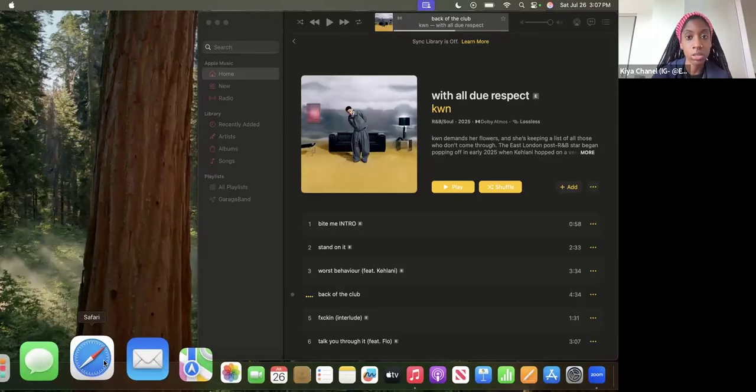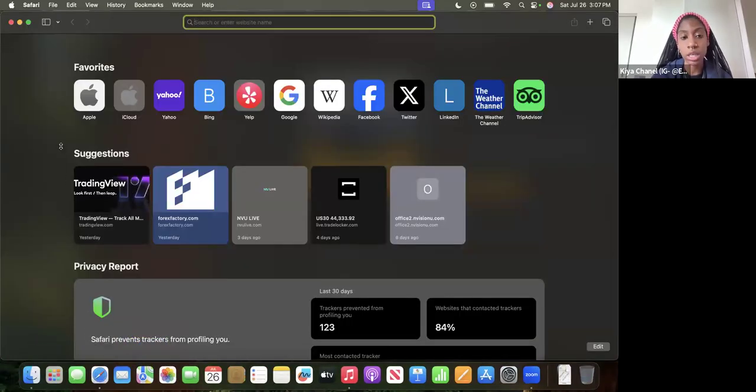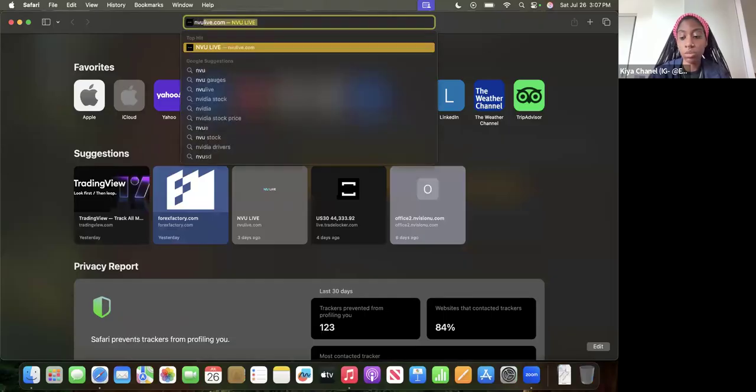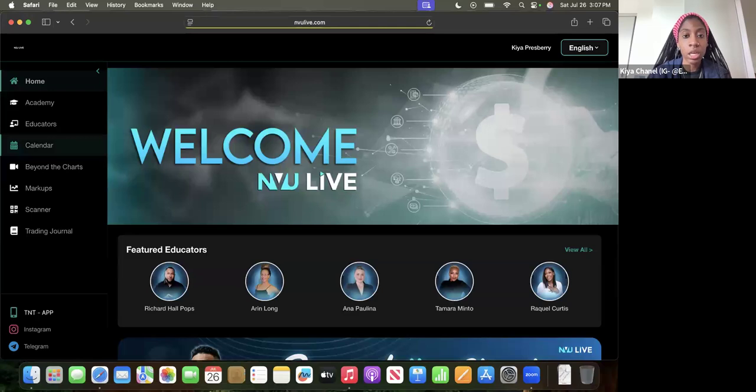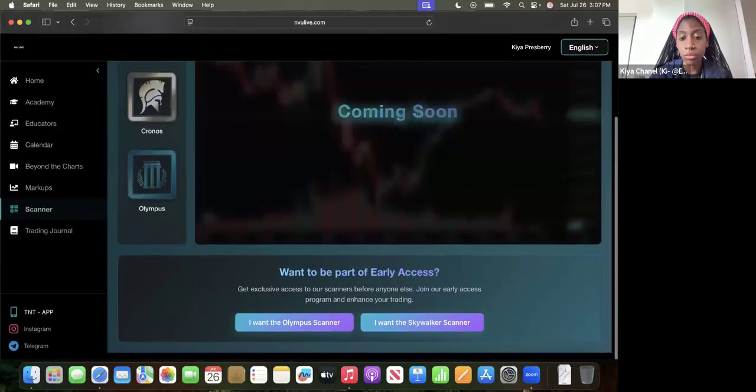Okay. So first things first, if you don't have the Skywalker scanner indicator on your TradingView, you're going to go to nvulive.com, and once you log in with your credentials, you are going to go over here to scanner and scroll down, and it's going to say I want the Skywalker scanner.